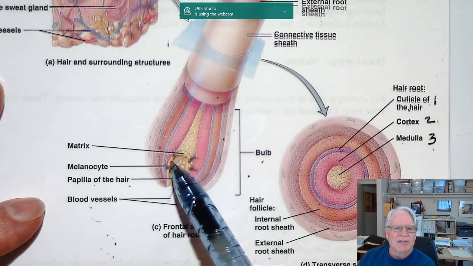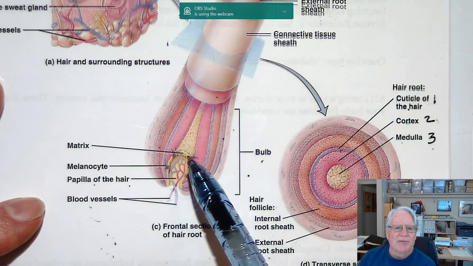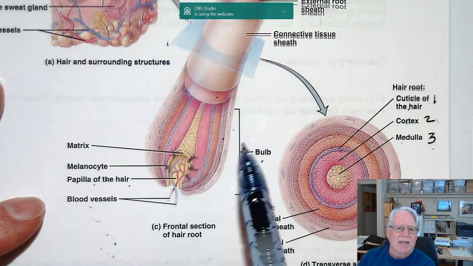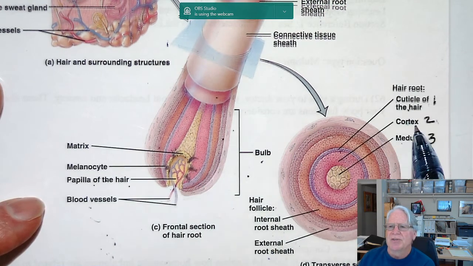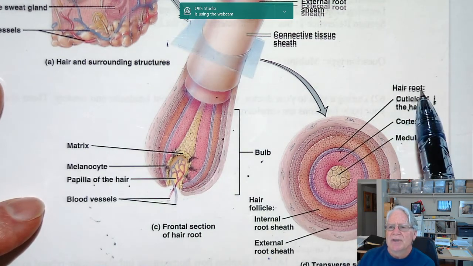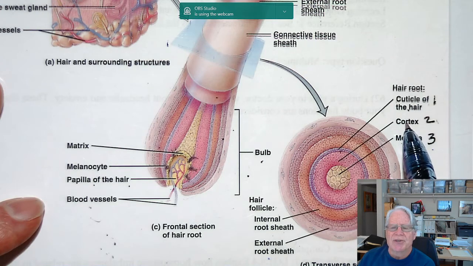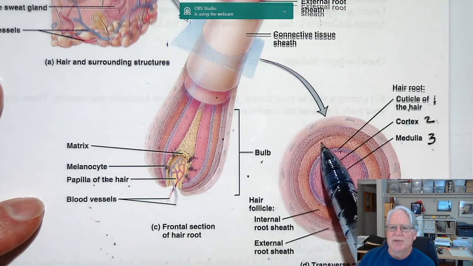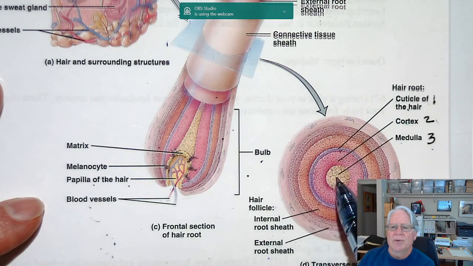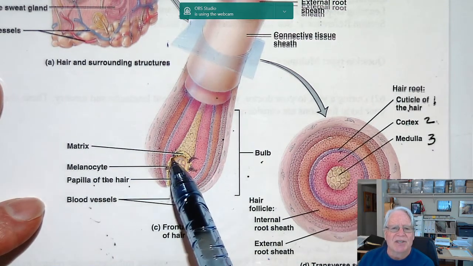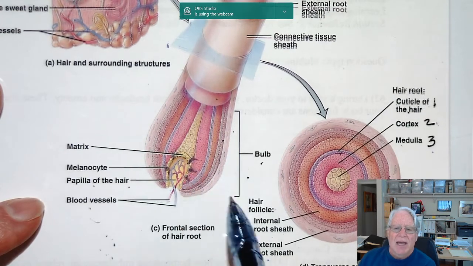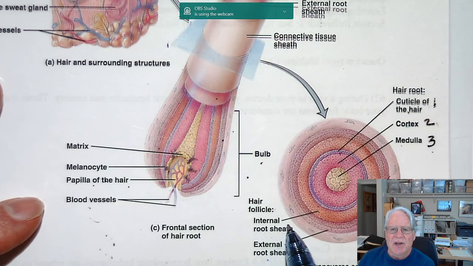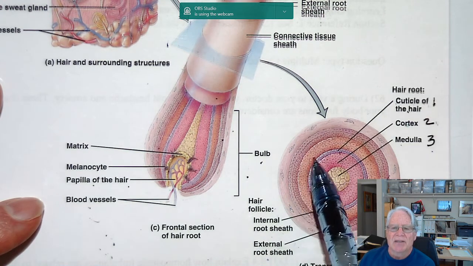We see melanocytes that are scattered in the first layer here, which is called the matrix, and this matrix is going to produce these 3 concentric circles. So that is the cuticle of the hair, the cortex, and the medulla. Those 3 things, 1, 2, 3, are being produced by this set of cells right here. And in addition to that, the internal root sheath is also being produced by that structure.